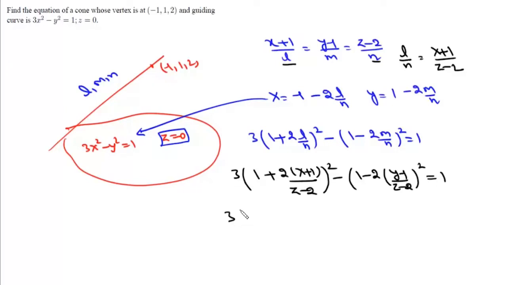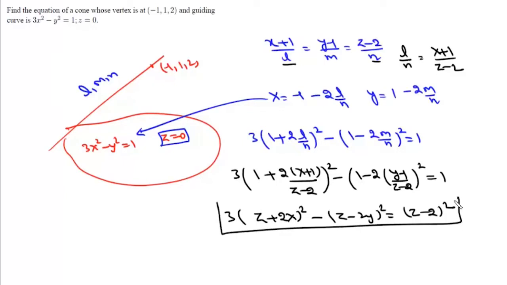Now this is 3 times (z plus 2x) whole square, and then minus (z minus 2y) whole square, and it will be equal to (z minus 2) whole square, and this is the equation of the required cone for which this guiding curve and vertex are given.